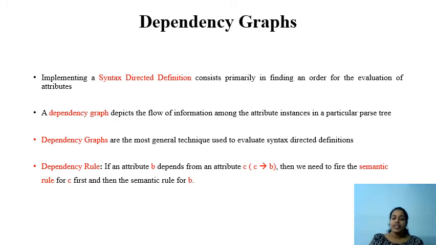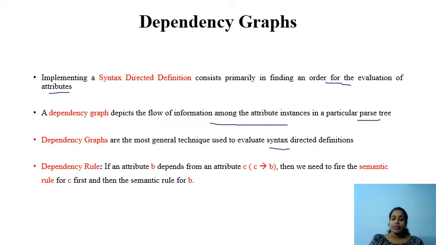A dependency graph is a method to represent the association among attribute instances in a particular parse tree. From the previous examples we have seen, syntax-directed definition primarily focuses on the ordering of evaluation of attributes to get the correct result. Dependency graphs are the most general technique to evaluate syntax-directed definitions.